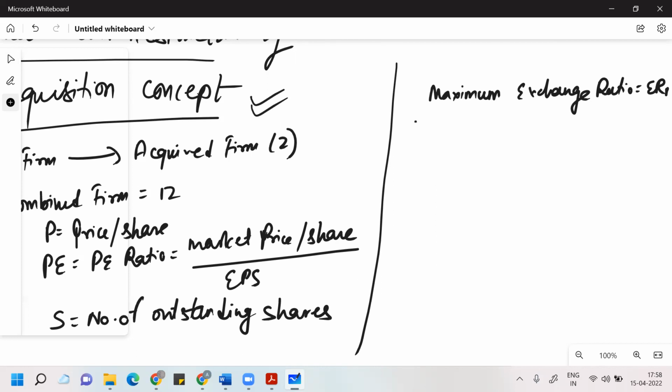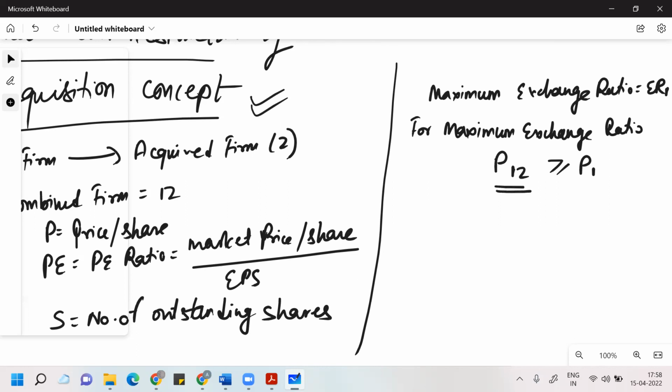For the maximum exchange ratio, the combined price of firm 1 and 2 should be greater than or equal to the market price of firm 1. You can easily understand that when firm 1 acquires firm 2, we'll accept the exchange ratio only when the market price per share of the combined firm is greater than or equal to the market price per share of the acquiring firm.